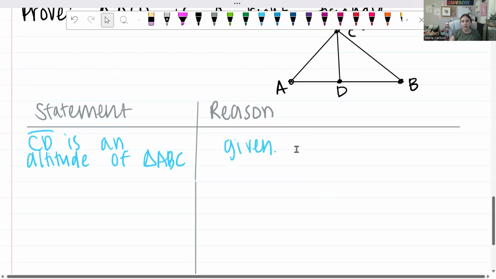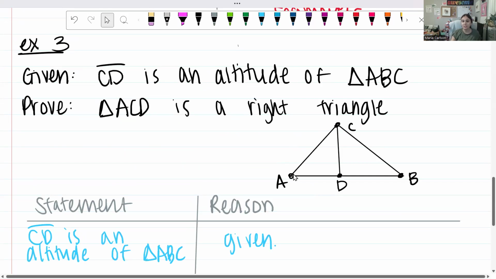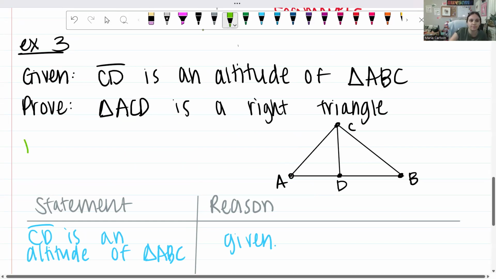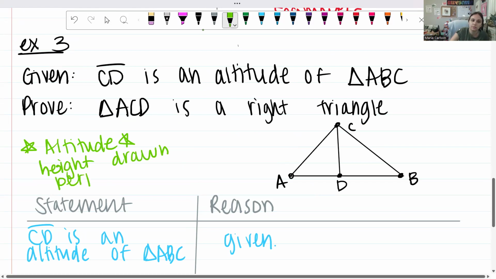Well, I really am just going to use the definition of what an altitude is. And an altitude, by definition, and I'm going to make a little note up here. I should have done this for median, and maybe I will at the bottom. Your altitude is your height drawn perpendicular to a side.